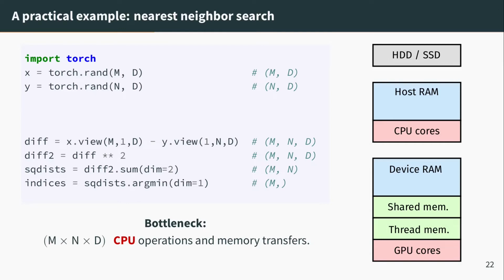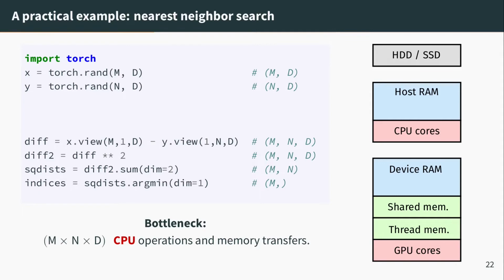So by nearest neighbor search, I mean that first I create an array with m rows, think like 10,000 rows, and d columns. So d may be equal to 3 if you're doing 3D stuff. Maybe it's equal to 10, maybe 100, maybe 1,000. Like for MNIST, it's equal to 784.